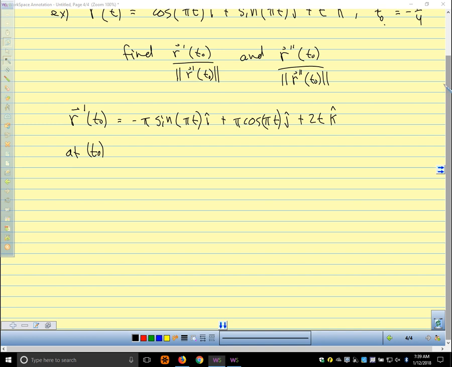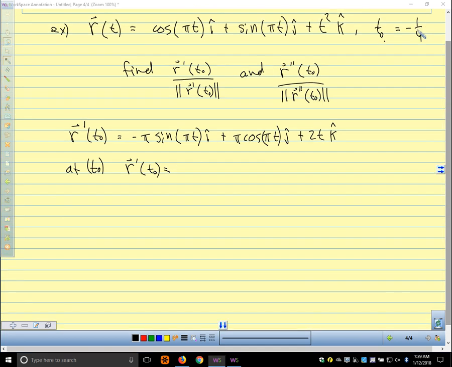At t0, r prime of t0 is sine of negative pi fourths. Negative pi equals negative 1/2. Negative pi fourths, sine is negative. There we go, negative square root of 2 over 2.